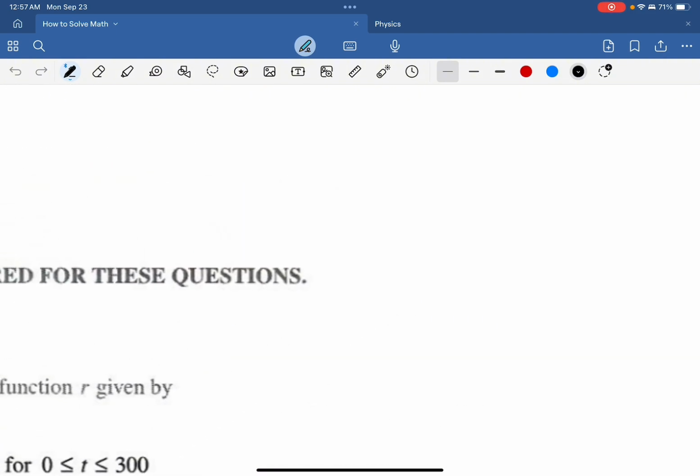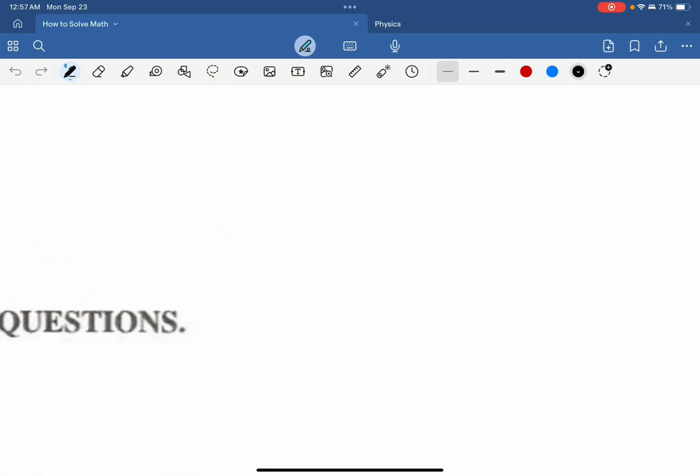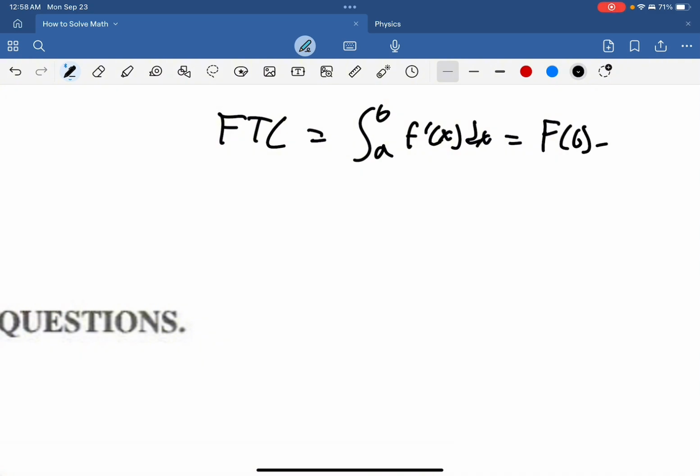Anyways, the key terms we're going to be going over are SPAM and, mostly, the Fundamental Theorem of Calculus, which tells us that the integral from point a to b of f prime of x dx is the same as f of b minus f of a.